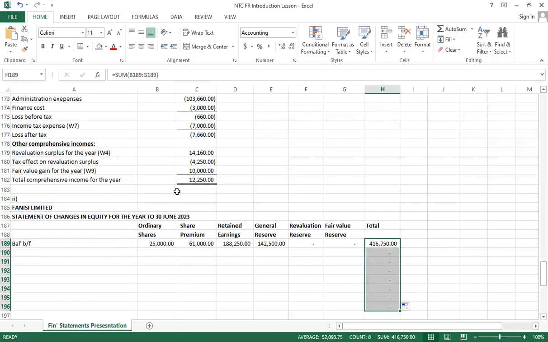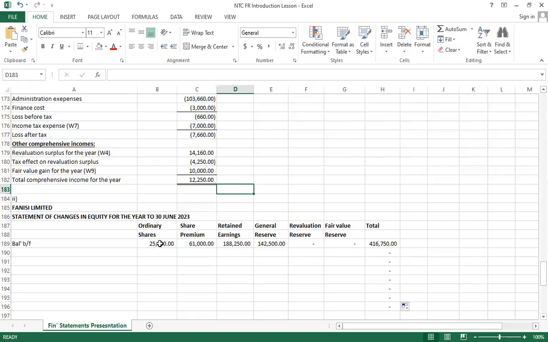The statement of changes in equity, remember, is concerned about the changes on each of these items in the current year. For ordinary shares, we had agreed that you only change this when you have issued shares.